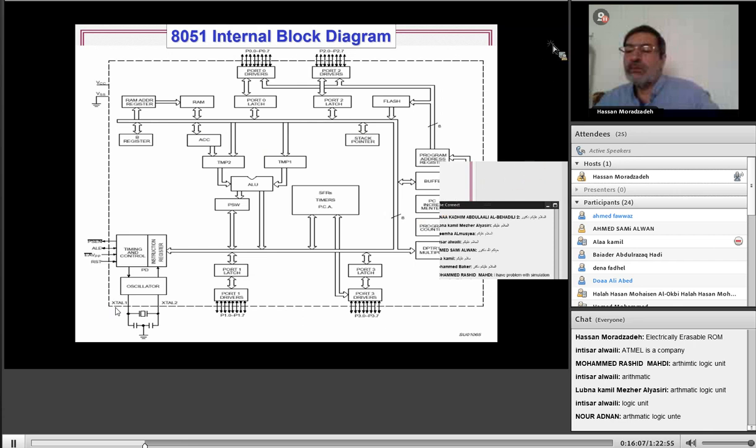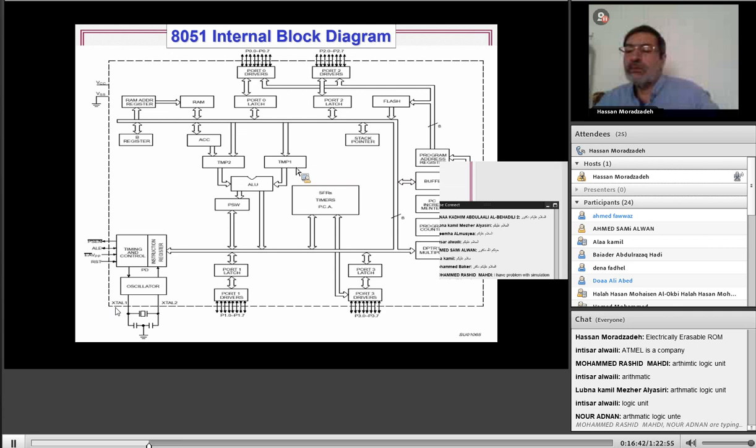Arithmetic logic unit, that's right. Some temp registers, accumulator, 8 registers, program address, RAM address register, some latches here. We see some buffers, some incrementer. Here we see port 1, port 2, port 0, etc. Go to the next slide.